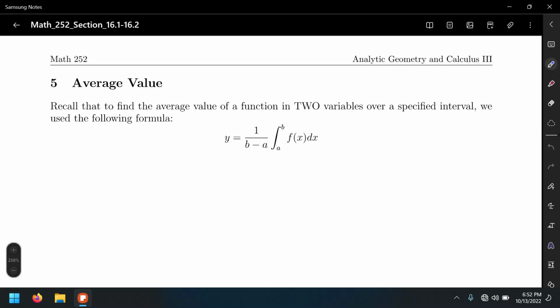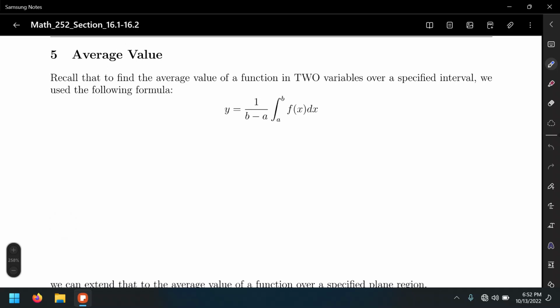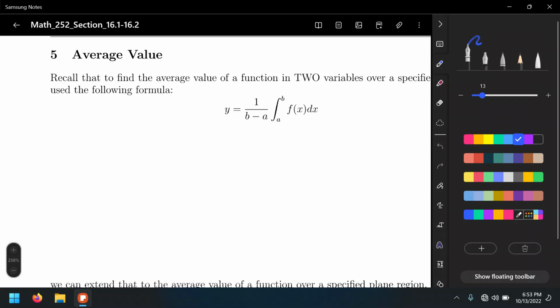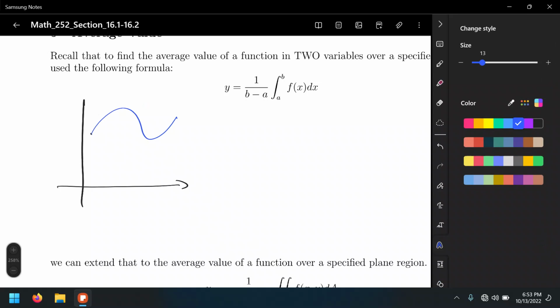All right. So what about the average value of a function? Let's refresh a little bit on that. Suppose, to find the average, we're given a function f of x from a to b, as usual.